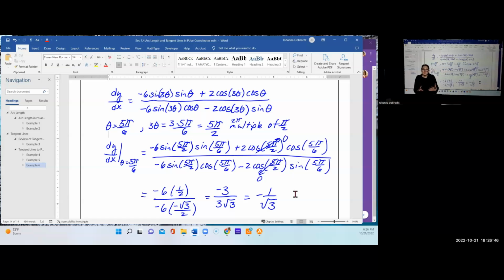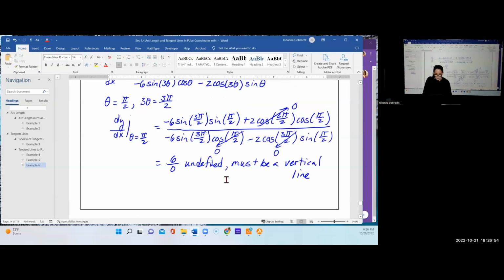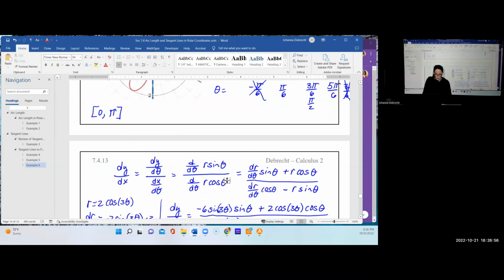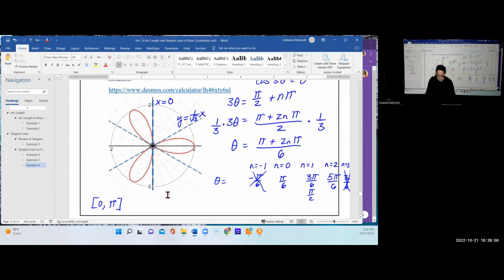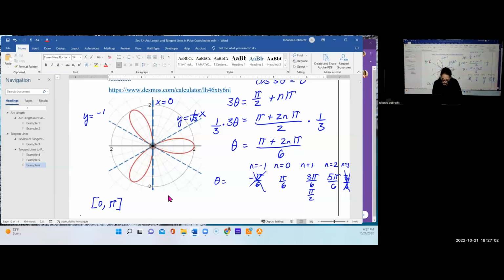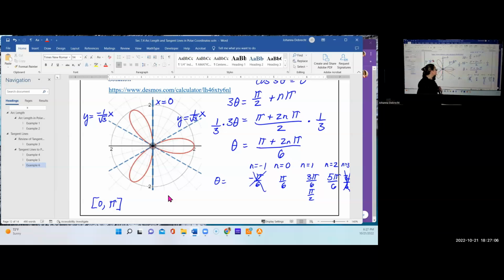So there's a kind of symmetry going on where one had a positive 1 over the square root of 3, and the other slope is a negative 1 over the square root of 3. Coming back up here to our graph, we can tell that's this equation right here: y equals negative 1 over the square root of 3 times x. That's because it goes through the origin where the point is 0, 0.